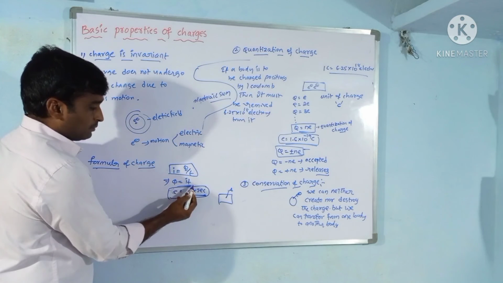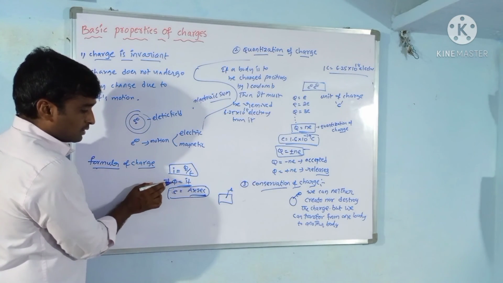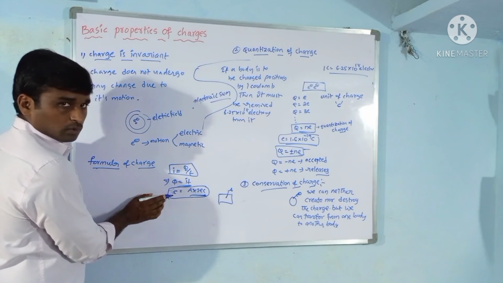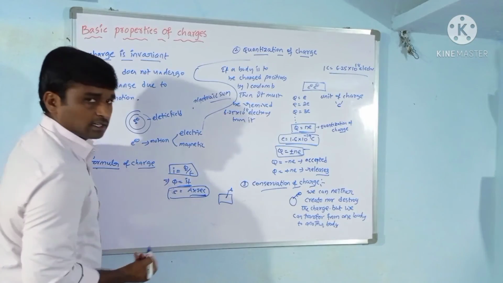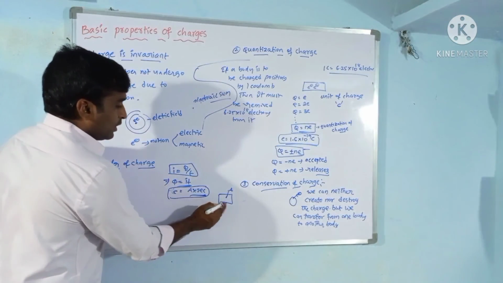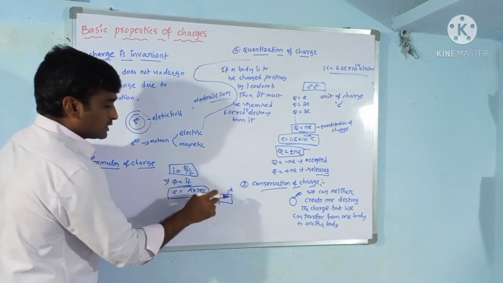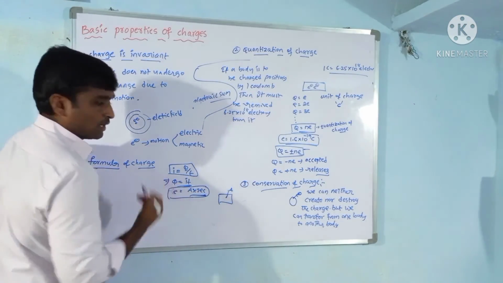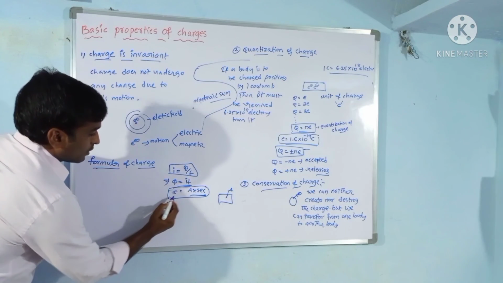T is time, the unit of time is second. Q is charge, and the unit of charge is coulomb. So 1 coulomb is the product of ampere and second. That means when 1 ampere of current passes through a body in 1 second, the charge is equal to 1 coulomb.